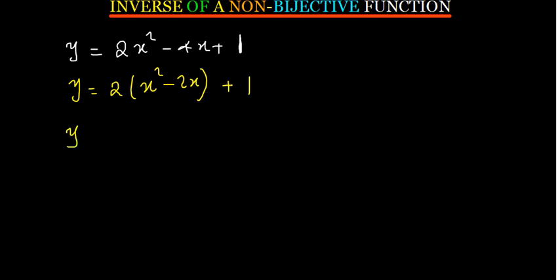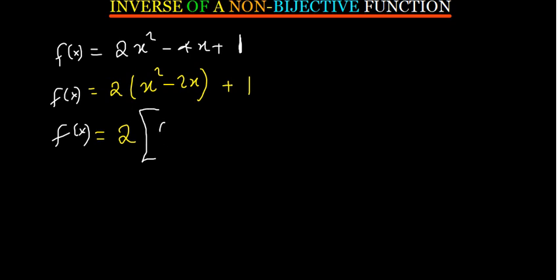Now complete the square. Actually, I was supposed to write f of x because this is a function. So now say f of x is equal to 2. I'll first put a big bracket here, and then I'll write a small one inside. Instead of writing x squared, I'll just write x.